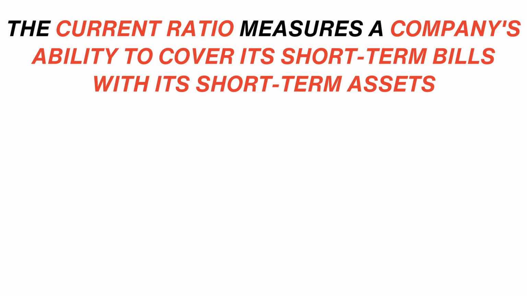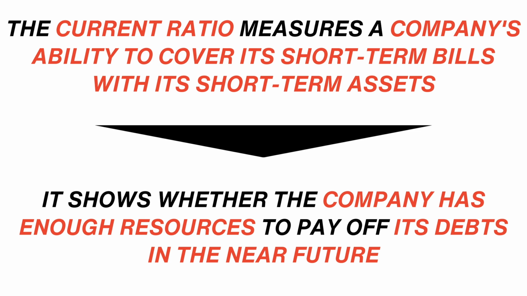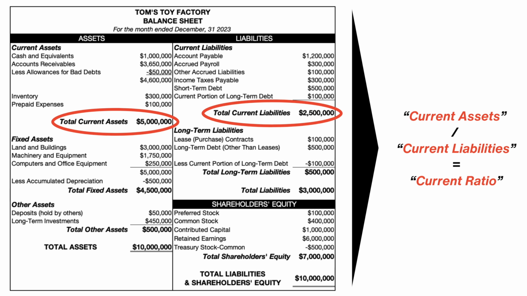The current ratio measures a company's ability to cover its short-term bills with its short-term assets. It shows whether a company has enough resources to pay off its debt in the near future. The current ratio is calculated by dividing a company's current assets by its current liabilities.